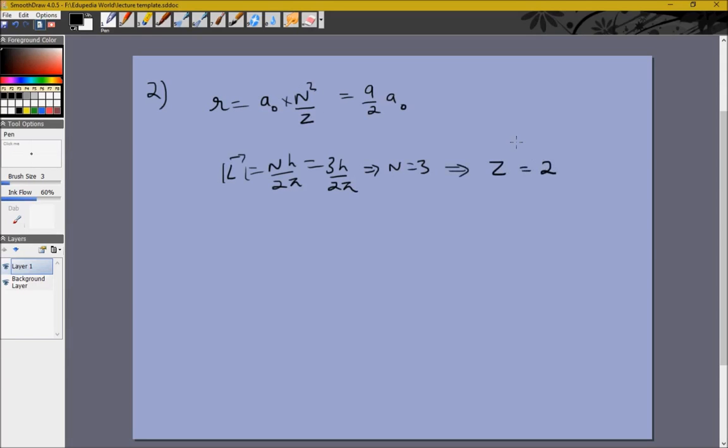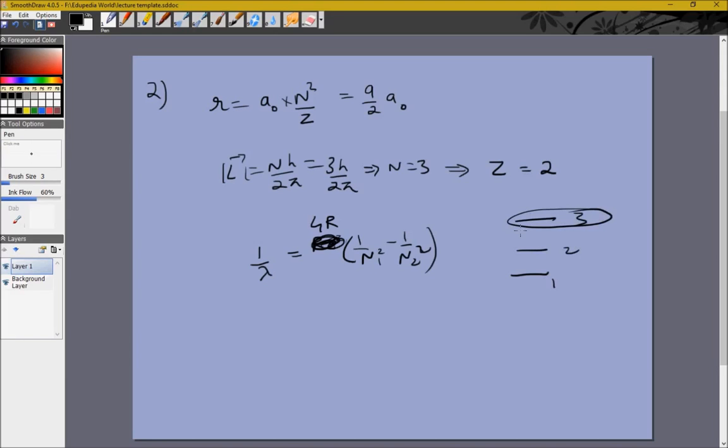Now we are asked the possible wavelengths when it de-excites. 1 by lambda is equal to rz square times 1 by n1 square minus 1 by n2 square. What is z? Z is 2, so rz square is 4r. Now let's look at these terms. We have 1, 2 and 3. It is at n is equal to 3 right now, and we are given that it de-excites.